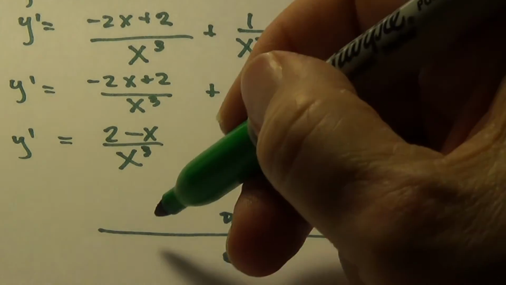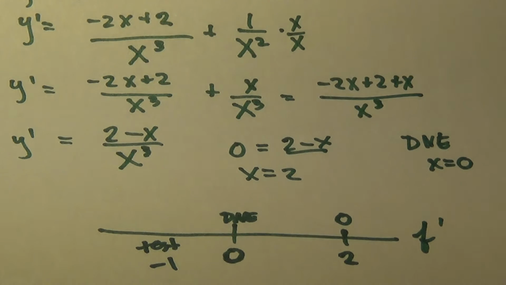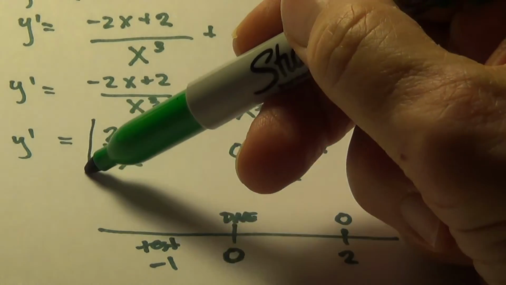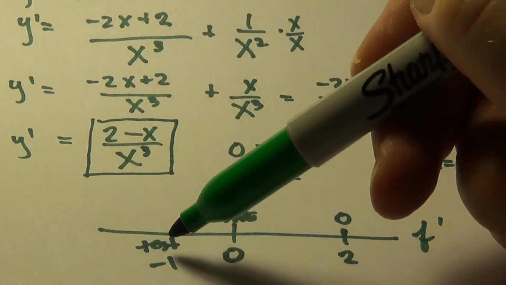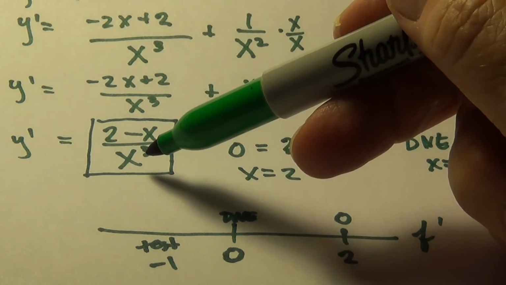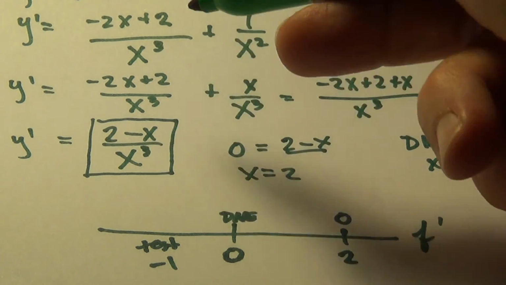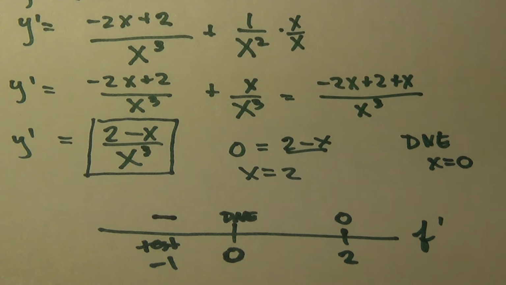So I'm going to test -1. I want to know whether the first derivative is positive or negative, so I throw it into the first derivative. This is the best form for that. So I get a 2 minus a minus 1, which is positive, over a minus 1 cubed, which is negative. So a positive divided by a negative is a negative.